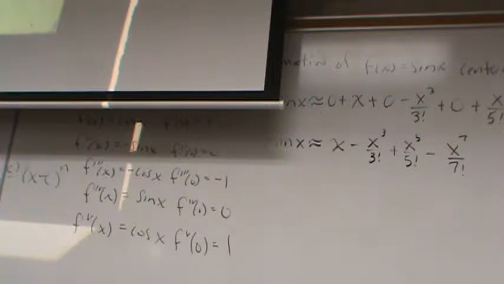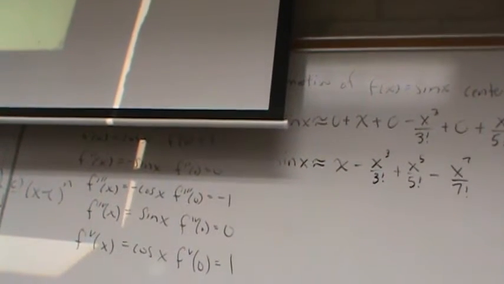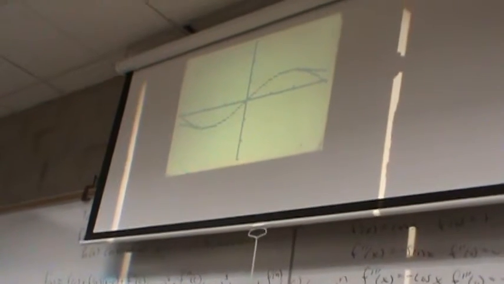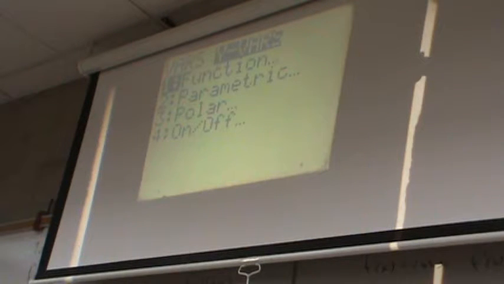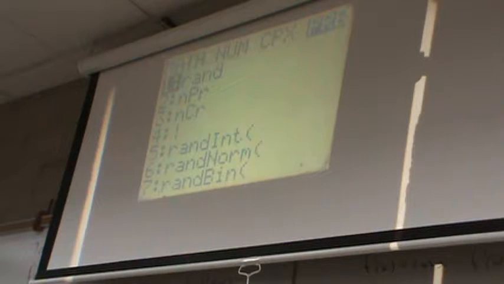Notice this approximation is good from -2 to +2. Now I'm going to put another one there. I'm going to go to function y2, and then add, or subtract rather, that term you just gave me, x to the 7th power divided by 7 factorial.